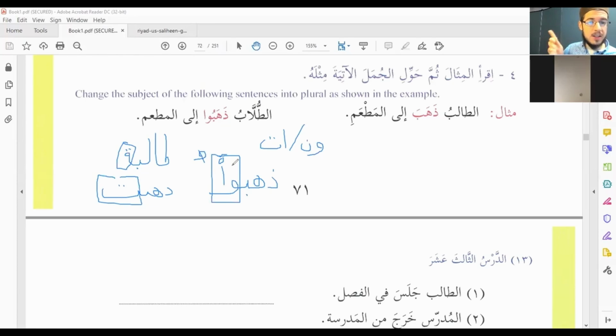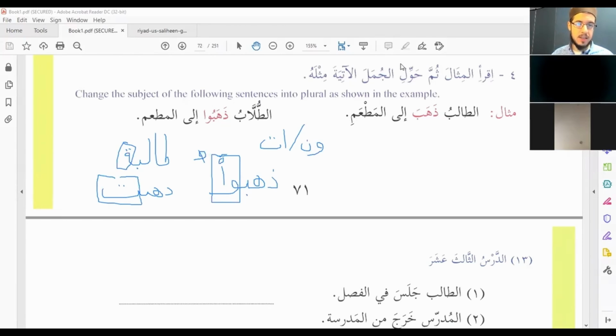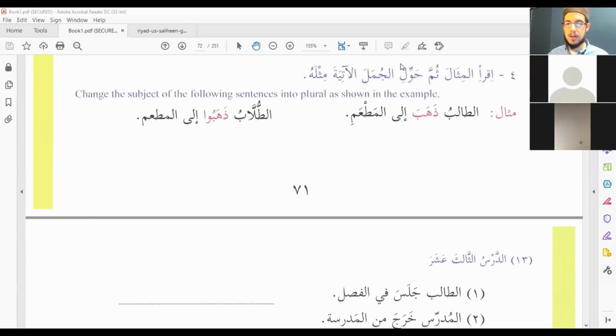Kataba, singular, katabu, plural. Qara'a, singular, qara'u, plural, etc. This is all within form 1 verbs. Good. So that is what we are working on today. We are looking more closely now at how number manifests in verbs.